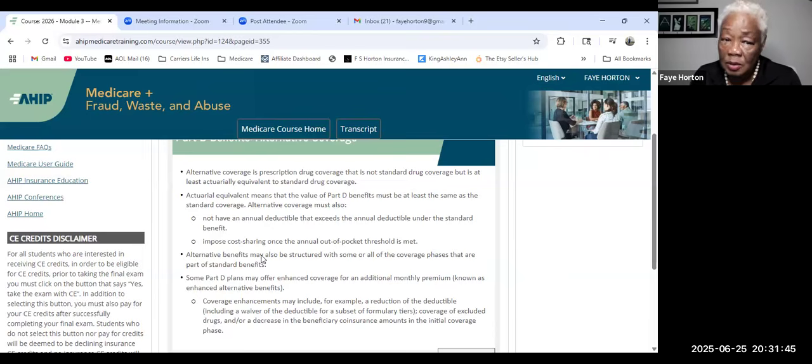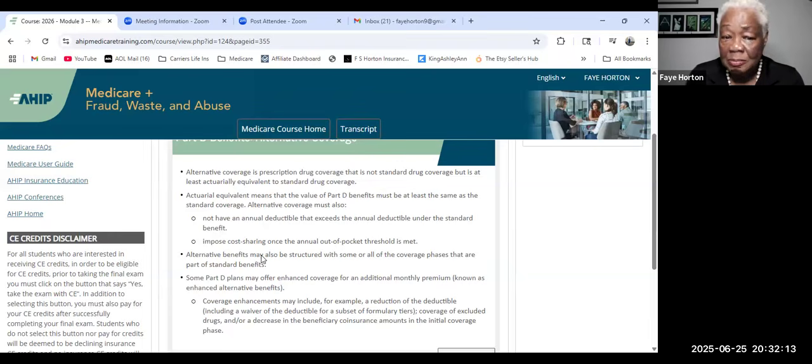Alternative coverage must also not have an annual deductible that exceeds the annual deductible under the standard benefit. It must also impose a cost sharing once the annual out-of-pocket threshold is met. Alternative benefits may also be structured with some or all of the coverage phases that are part of standard benefits.